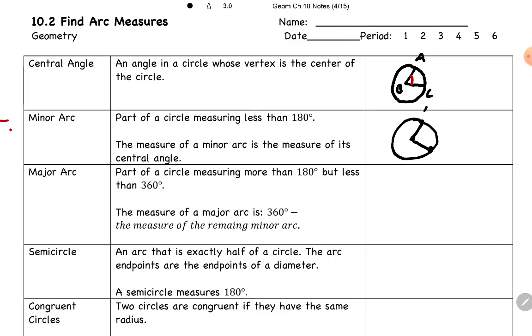So, for example, let's call this A and C again. AC with an arc above it is called, well, arc AC, is a minor arc because it is less than 180 degrees.